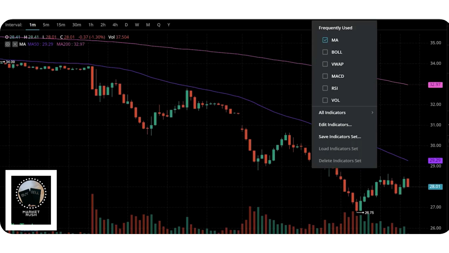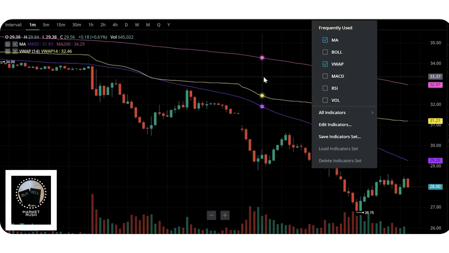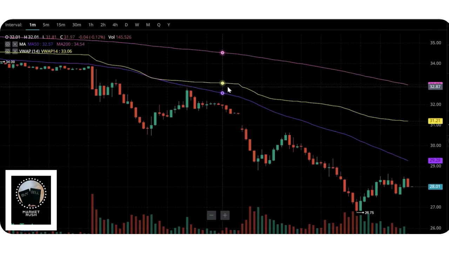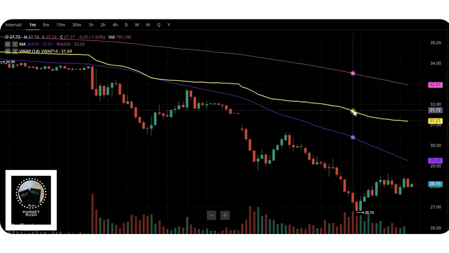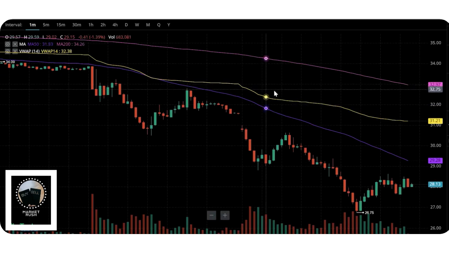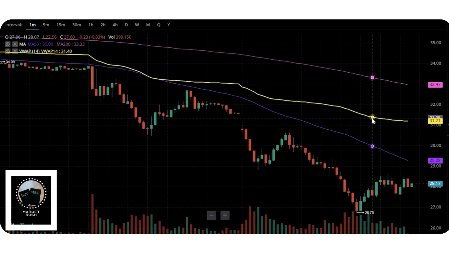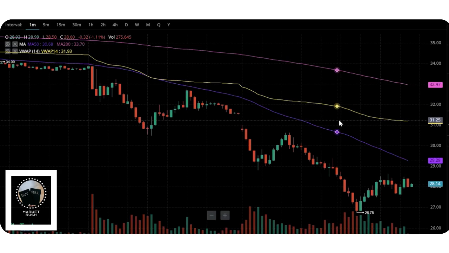But this next indicator is known as the VWAP. I've heard it pronounced both ways. The volume weighted average price. And on my chart, going back to those live trade videos, it always shows up as a dotted yellow line. On this platform here, you can't quite make it dotted.